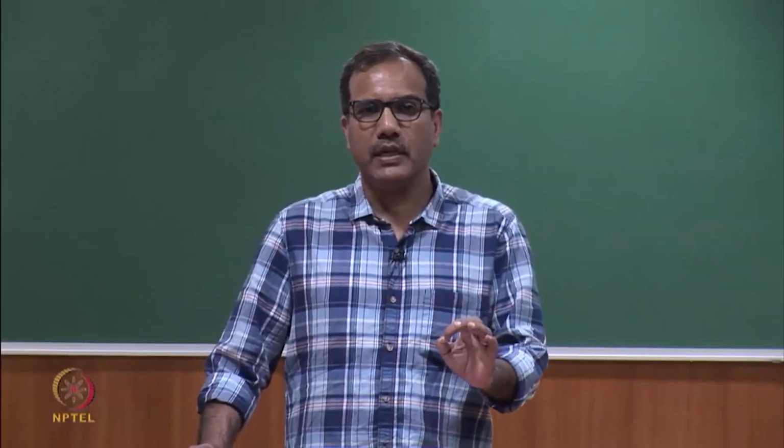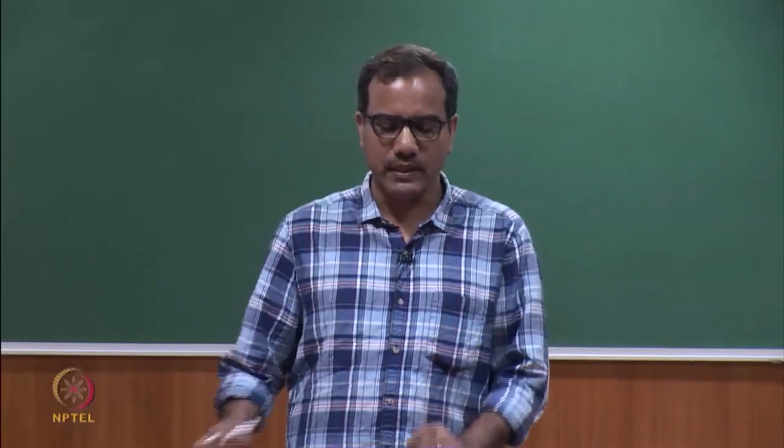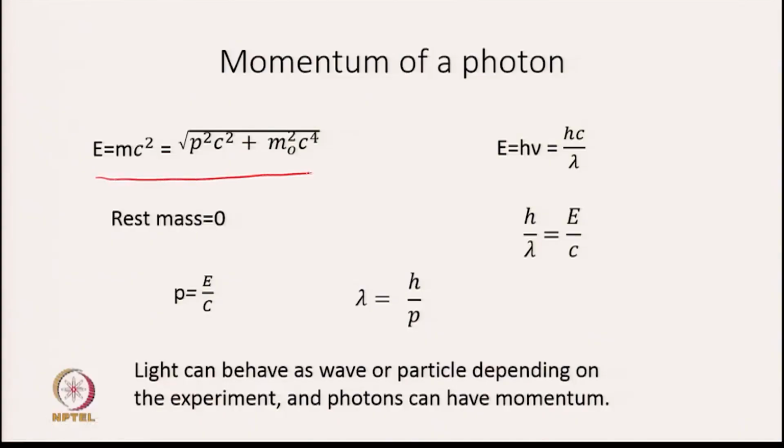So, this is the equation given by Einstein for the energy of the particle. Energy is given by mc square, and that is basically equal to square root of p square c square plus m naught square c to the power 4.